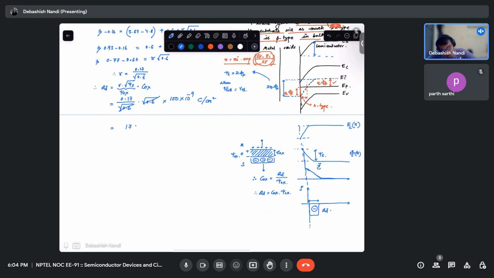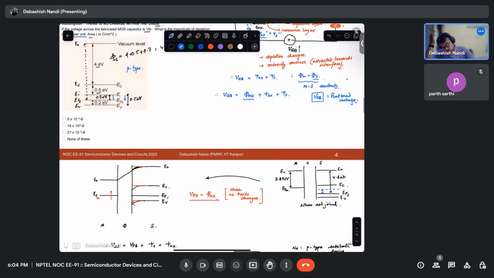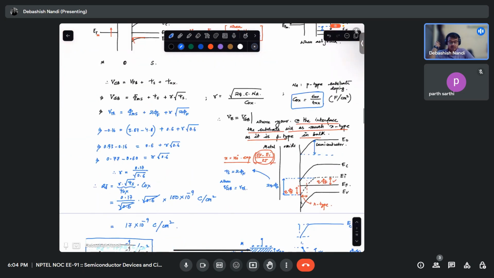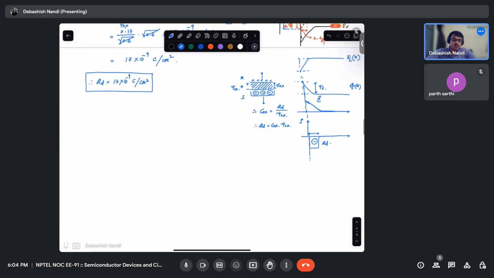So you will have 17 into 10 raised to minus 9 coulomb per centimeter square. So the orders are not matching, so none of the answer options will be correct.